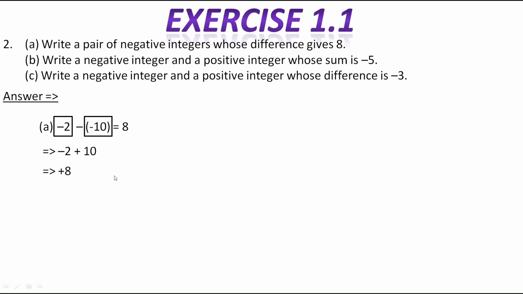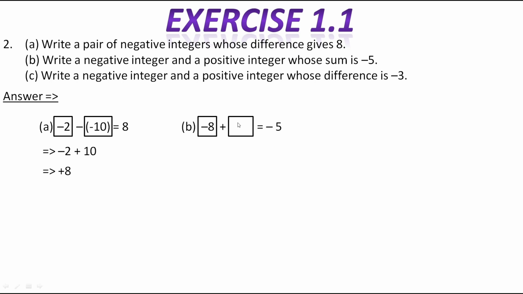Now for the next one, they are telling us to write a negative integer and a positive integer whose sum is minus 5. So here we need to find a negative integer and a positive integer whose sum should be minus 5. Now here the negative integer should be greater, because the answer has a negative sign. You have to keep that in your mind. Now I'll take the number as minus 8.